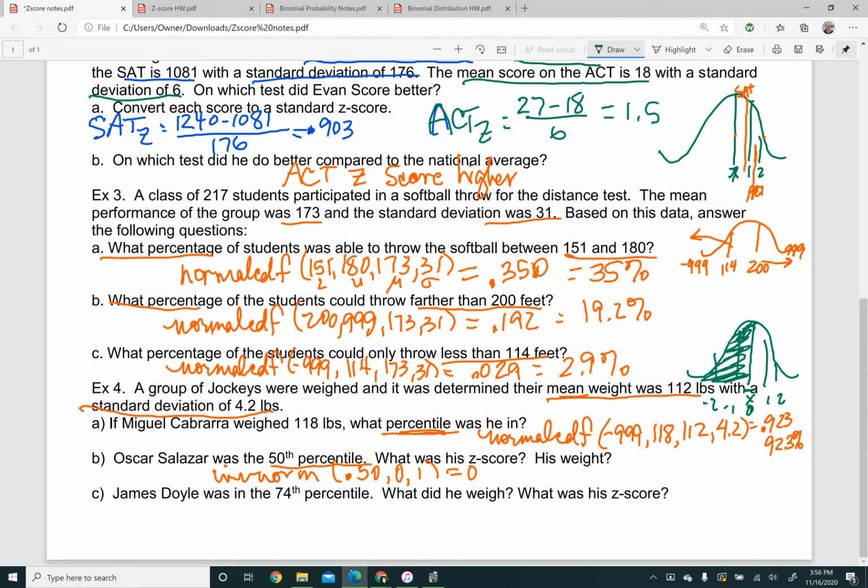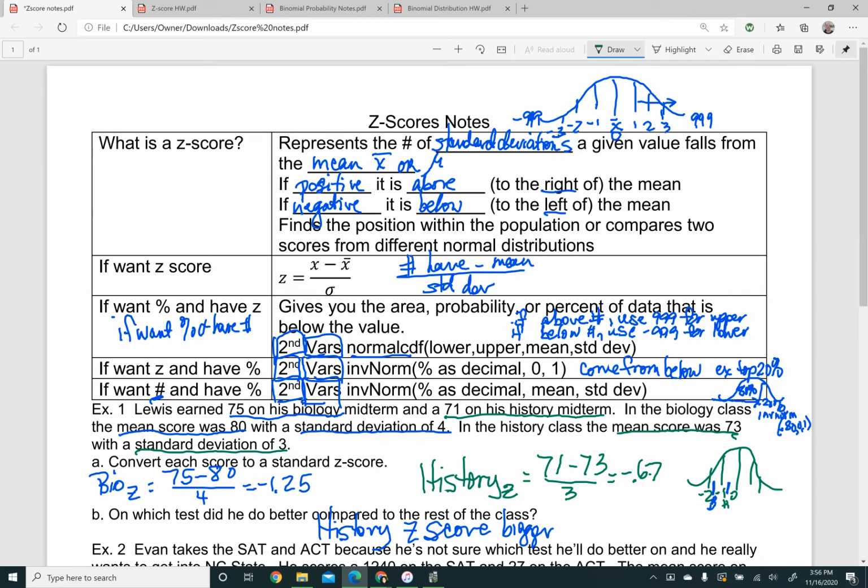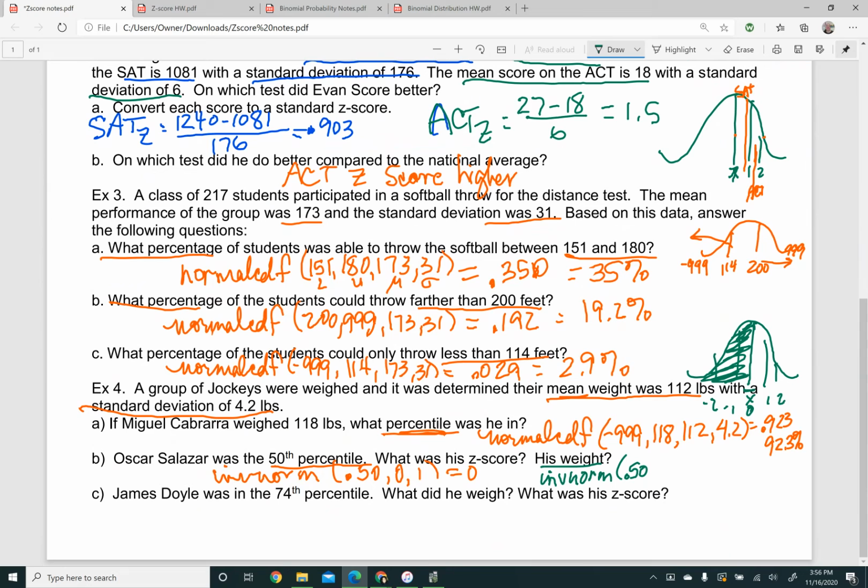So now if I just wanted to know his weight, I would inverse norm the 50th percentile. And now because I want an actual number, I put in the actual numbers, the 112 and 4.2.